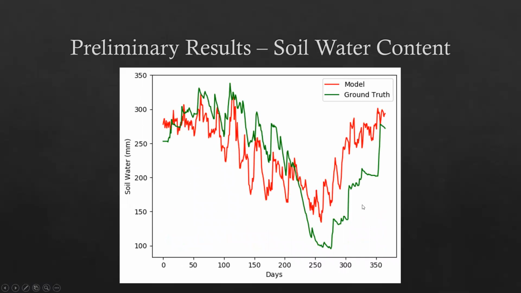Okay, and then we have the soil water content. Again, it seems to be exaggerating the actual numbers. If we look here, as the soil water content drops, the model seems to over-exaggerate that and seems to plummet in its predictions.